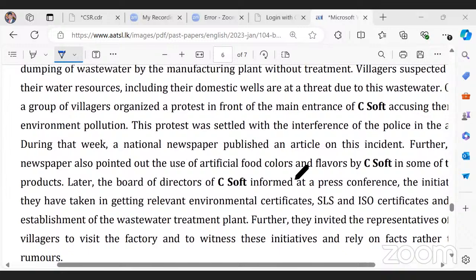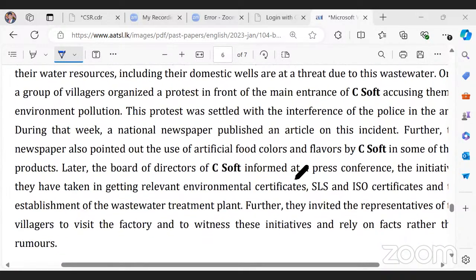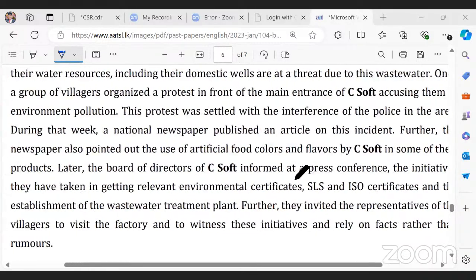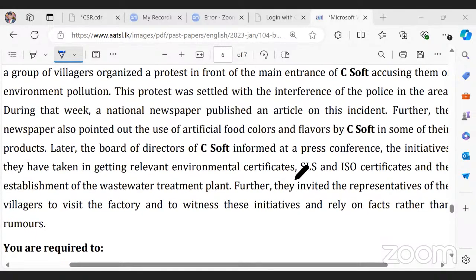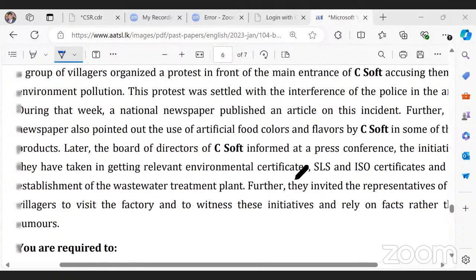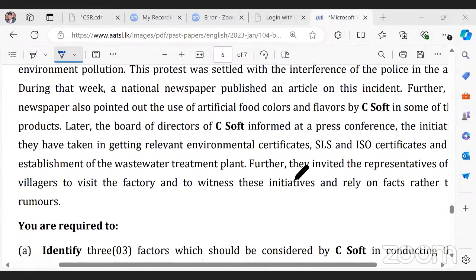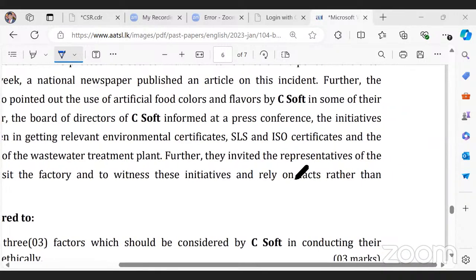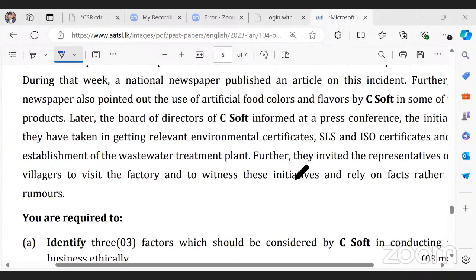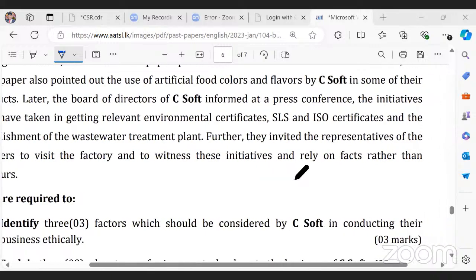Further, the newspaper also pointed out the use of artificial food colors and flavors by Seasoft in some of their products. Later, the board of directors of Seasoft informed at a press conference the initiatives they have taken in getting relevant environmental certificates, SLS and ISO certificates, and the establishment of the wastewater treatment plant.